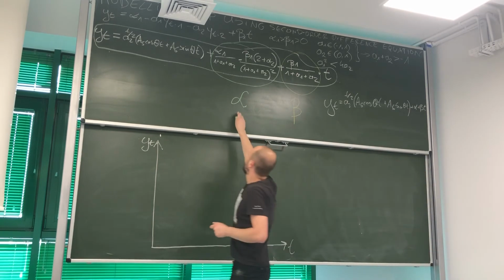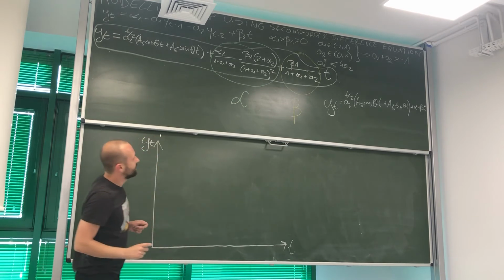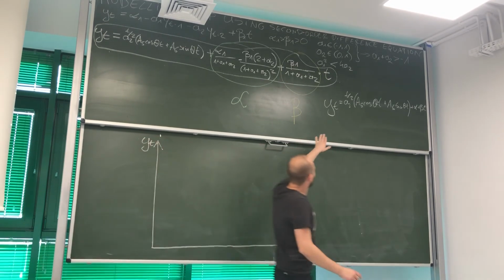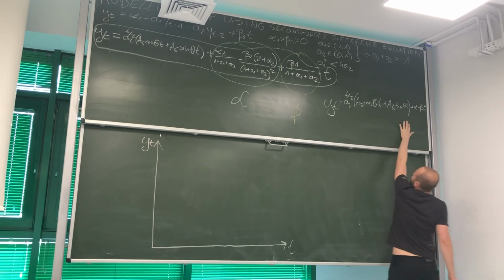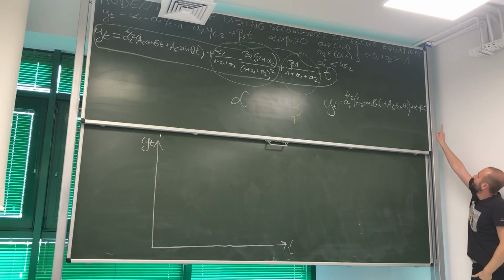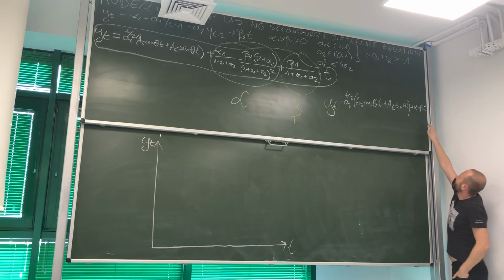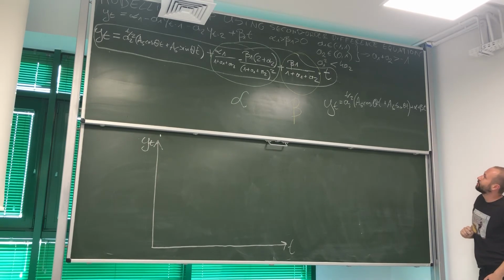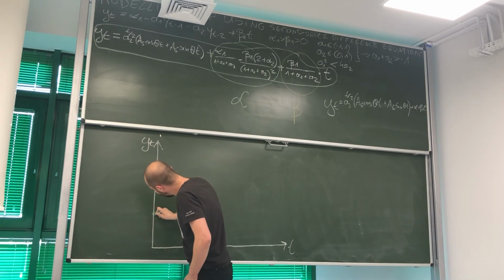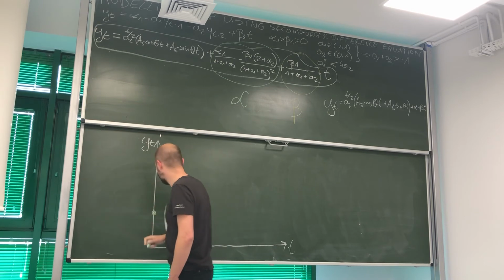And then look what happens. At time 0, everything here is 0, and this disappears. So we start at time 0 from some level alpha.